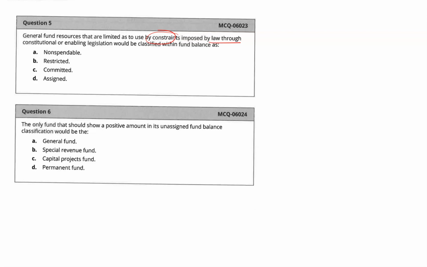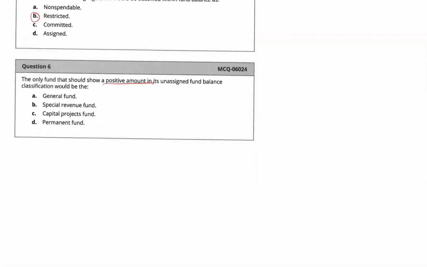So you just have learned about different categories of fund balances, and if you remember, if there are any restrictions imposed by any external parties such as grantor or creditor or legislator, that you have to keep that fund because of those legislations or constraints imposed by other parties, we label those under the restricted fund balance category. Now, the only fund that should have a positive unassigned fund balance is the general fund.